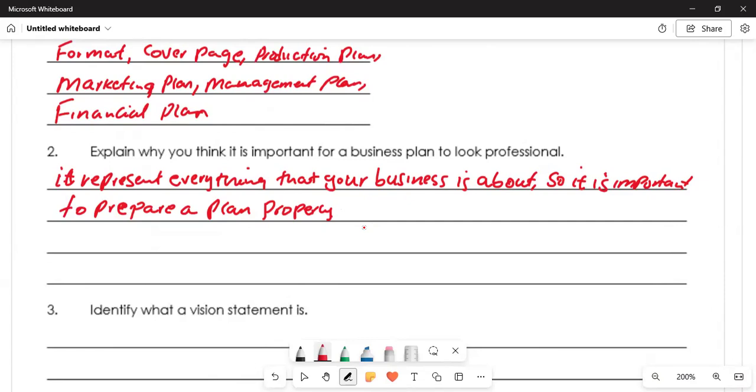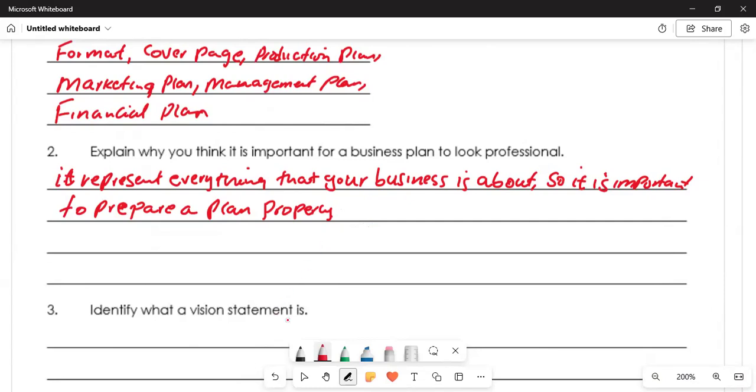As you know, an incomplete, badly written or sloppy business plan will tell readers that your business is badly run and that you don't care about being meticulous. So investors will not want to finance a badly run business.